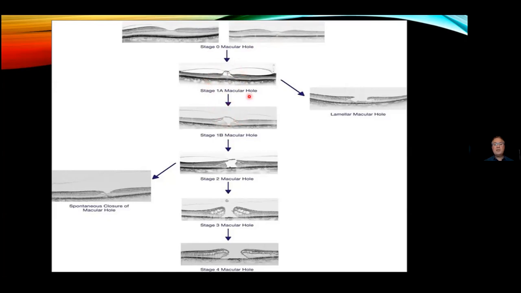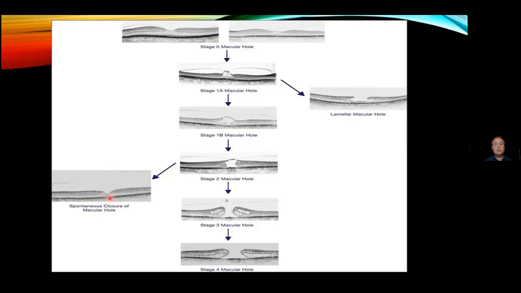And both these, the 1A and 1B, can either end up as a lamellar macular hole that we will discuss a little bit later, or the vitreous can detach. And as you can see, there's actually a tiny piece of internal limiting membrane that's been torn off, but the fovea is closed and there's no hole.